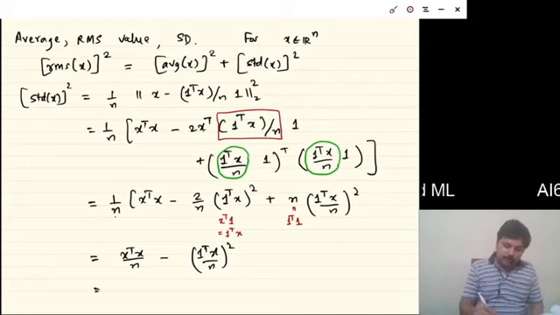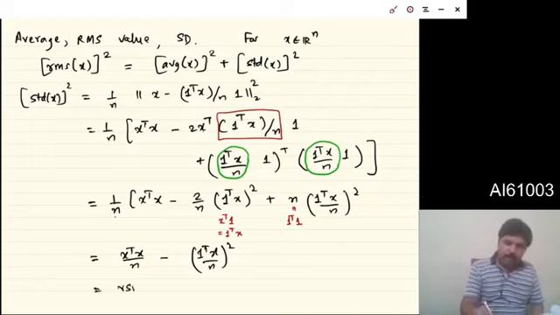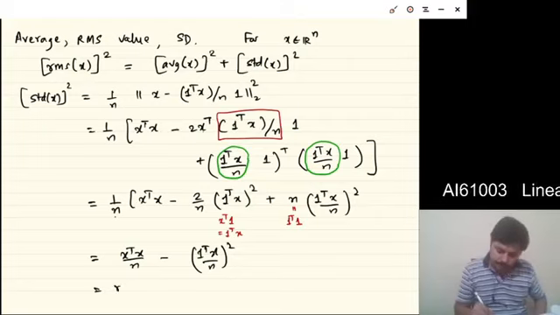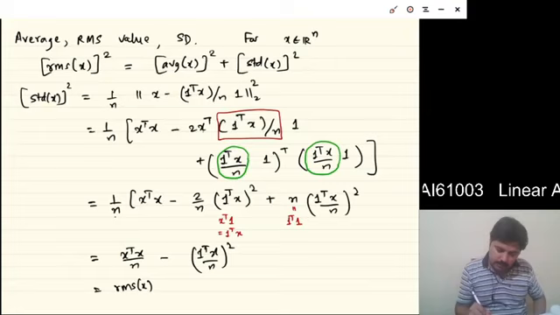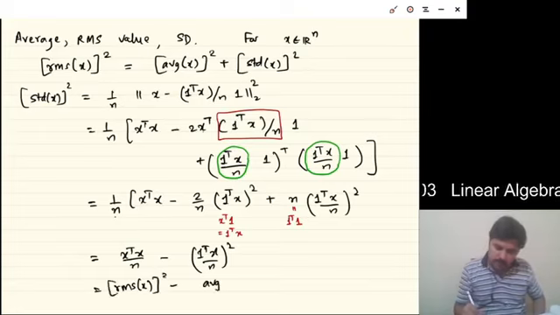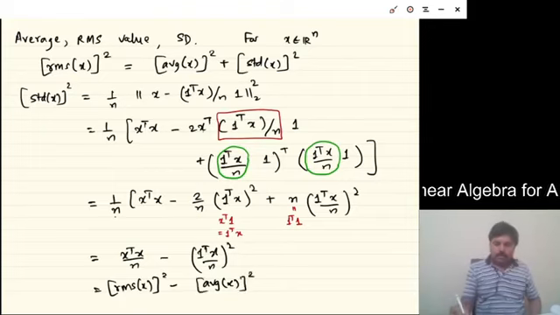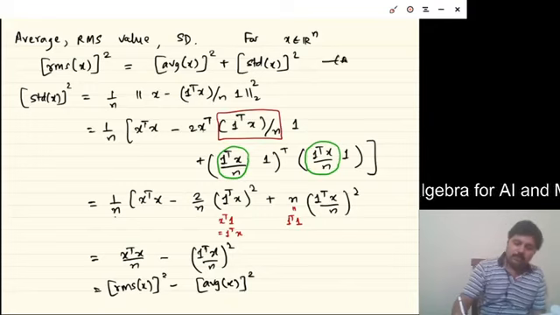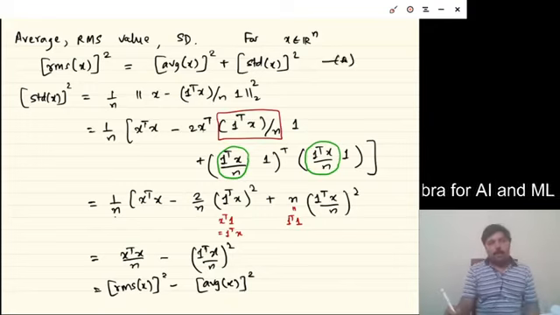And this is nothing but x transpose x divided by n, which is RMS square. So RMS x square minus average of x square. So that's what I am getting. So rearranging the terms, I get this particular formula, the star formula.